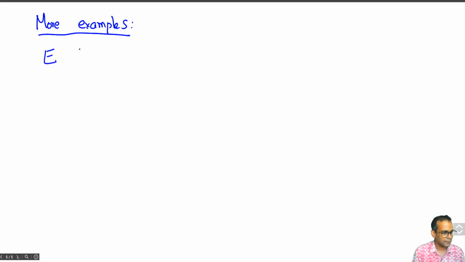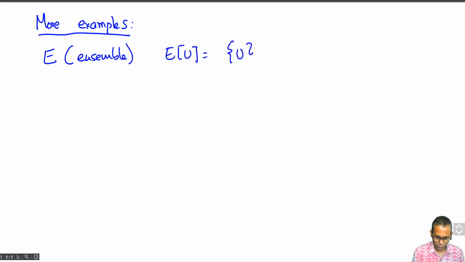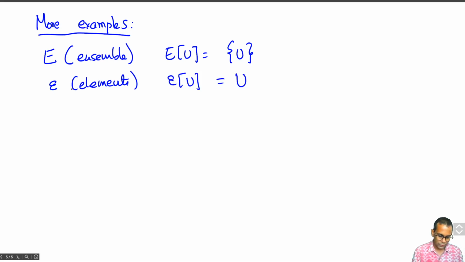So E, it's French for set, which is ensemble, and E of U is just singleton U, so the set U. So there's only one element in EU, and then there's epsilon, which is elements, and epsilon of U is the set U. Okay, so epsilon of the empty set has cardinality 0, epsilon of a set of cardinality n has cardinality n, it is the set n. You can imagine how transfer of structure is defined here.